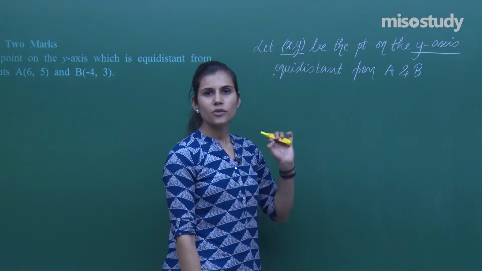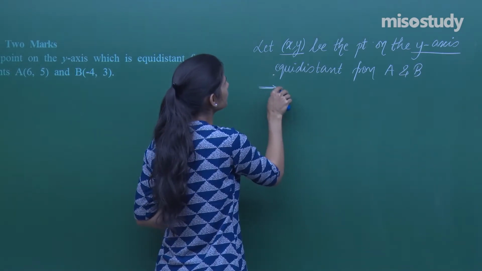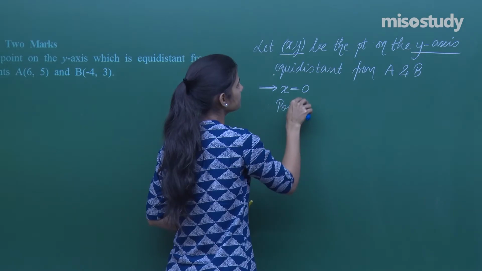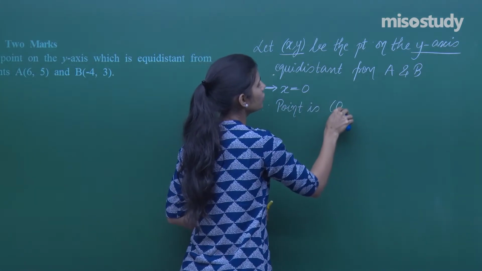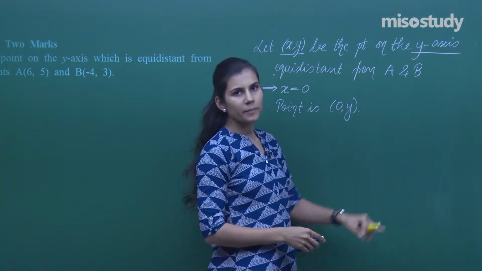Any point which lies on the y-axis has x coordinate equal to 0. So this implies small x is equal to 0. Therefore, the point is 0, y. This is the point which is equidistant from A and B.